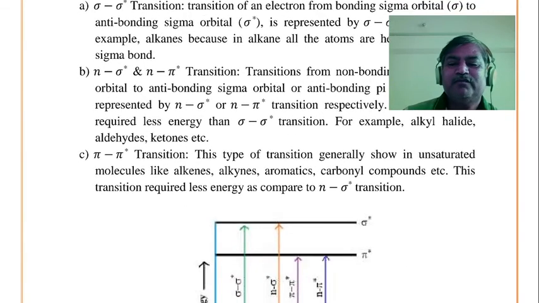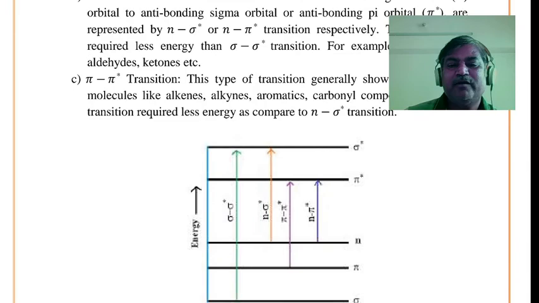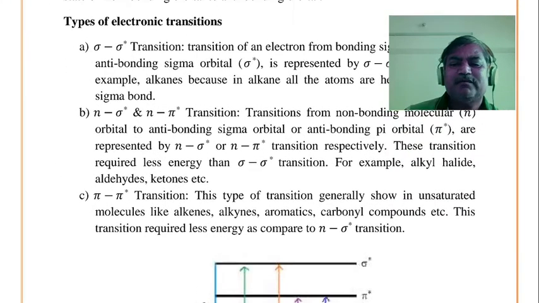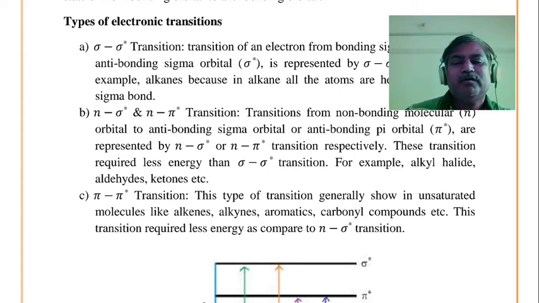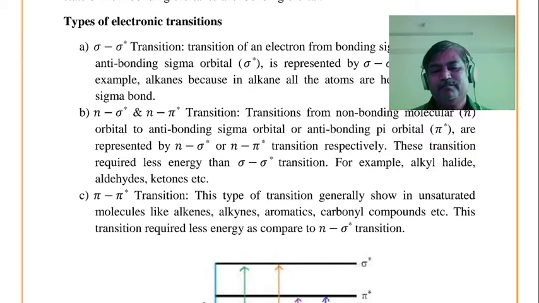Third type of transition is the pi to pi star transition. In this transition, electrons from pi bonding molecular orbitals are excited to pi anti-bonding molecular orbitals, and such type of transitions are shown by alkenes, alkynes, aromatic compounds, carbonyl compounds like aldehydes and ketones.